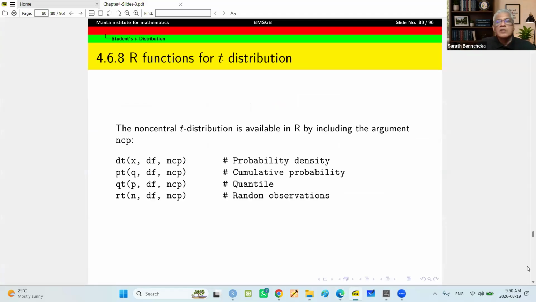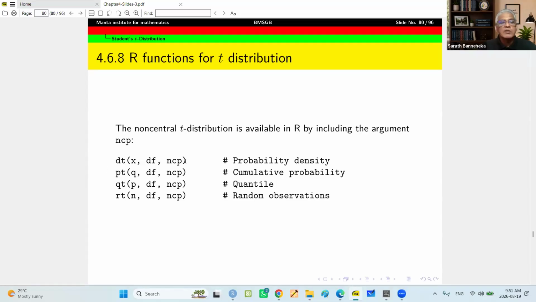Now, finally, I mentioned here the most commonly used R functions related to a T distribution. Those are dt, pt, qt, and rt, giving respectively the probability density, cumulative probability, the quantile, and the random observations.